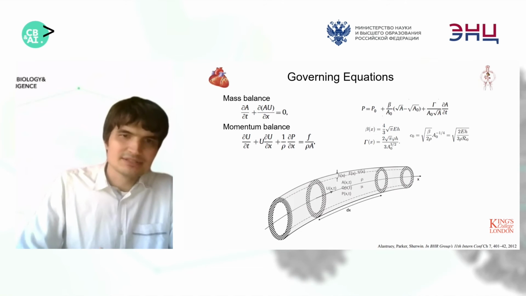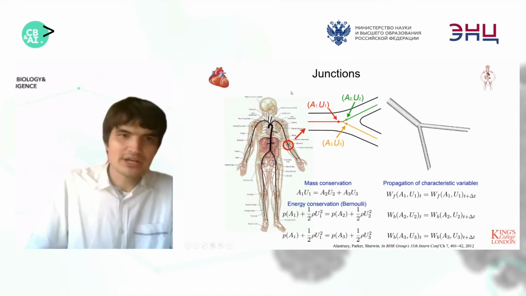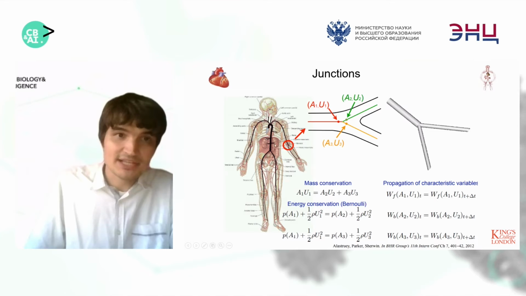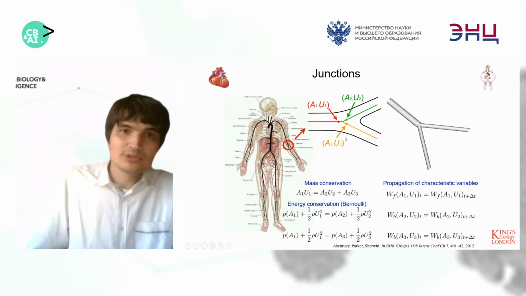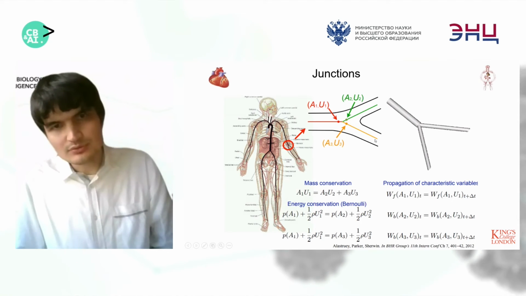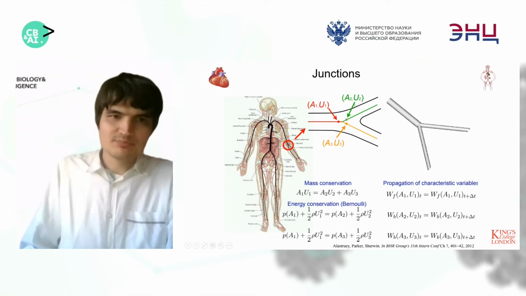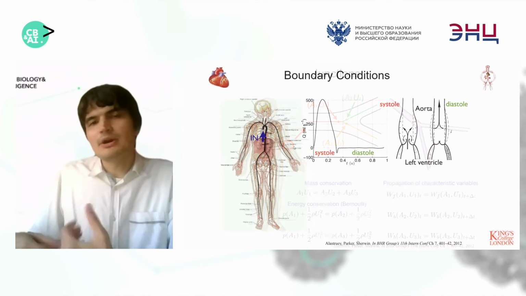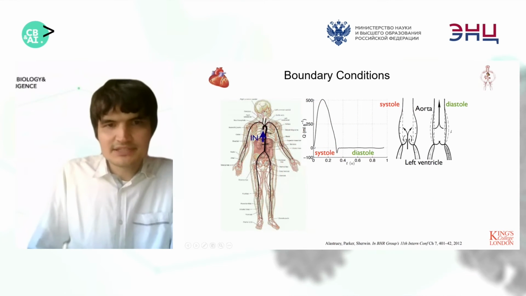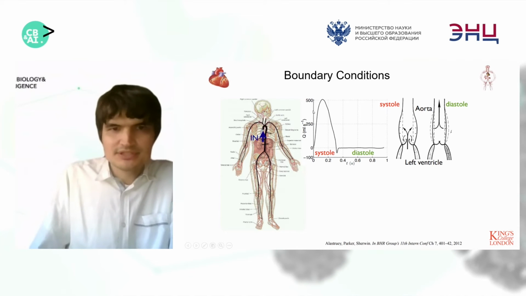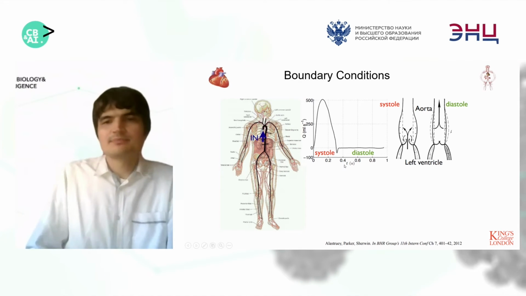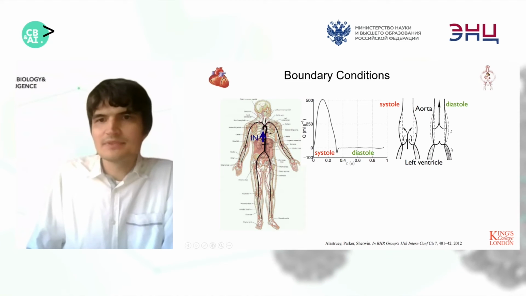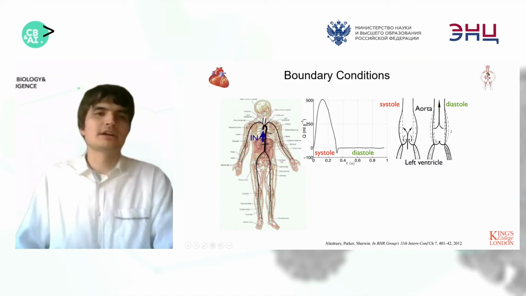So we just construct a network of arteries from these elastic tubes. We calculate the redistribution of blood flow at junction points where a few arteries meet. And then we impose some boundary conditions on the inlet. So this is cardiac output: the systolic phase when the heart pumps out the blood, and the diastolic phase when the leaflets of the valves are closed.